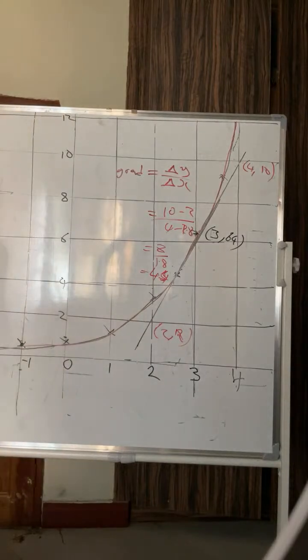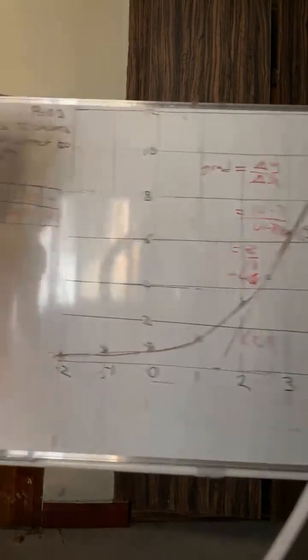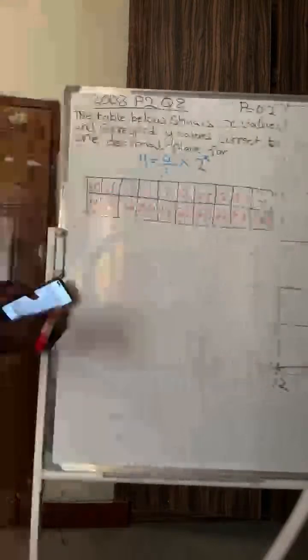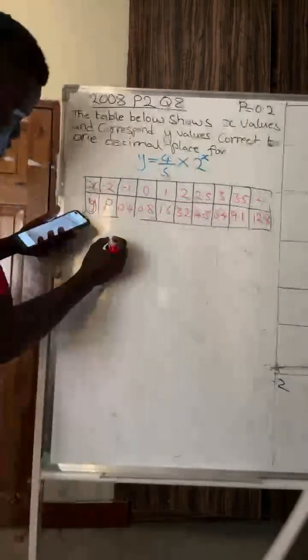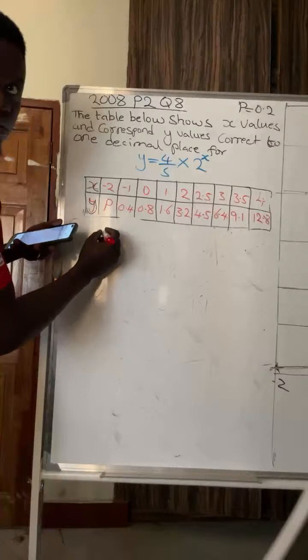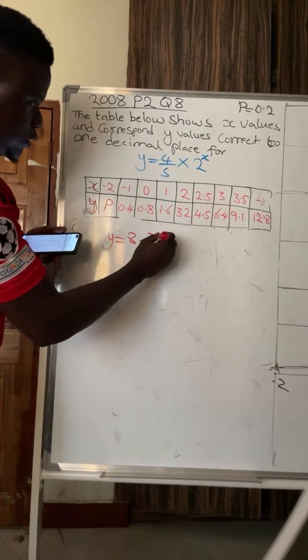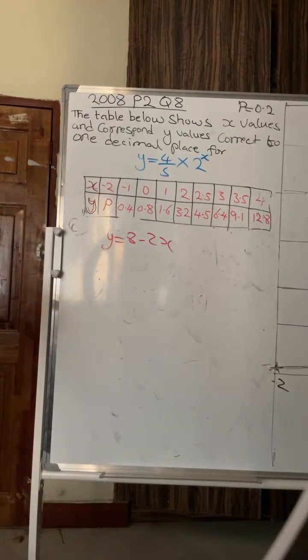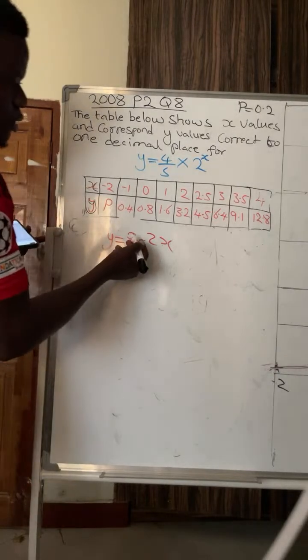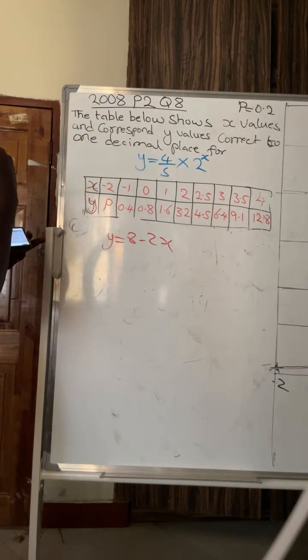The board is small, so they are saying draw the graph of y equals 8 minus 2x.